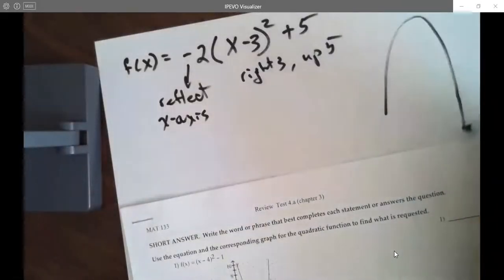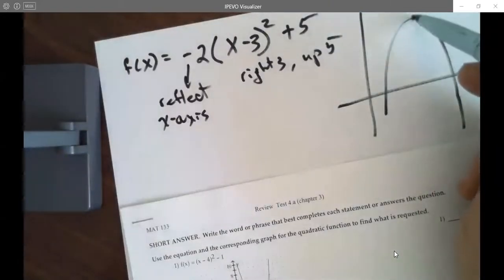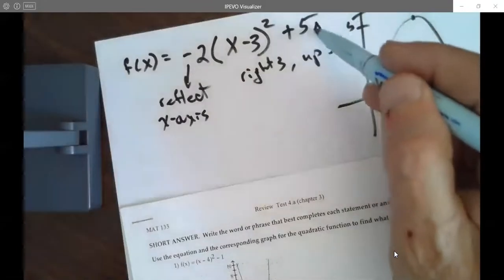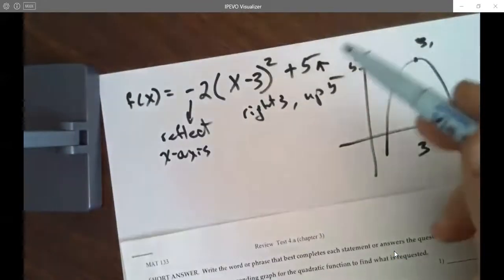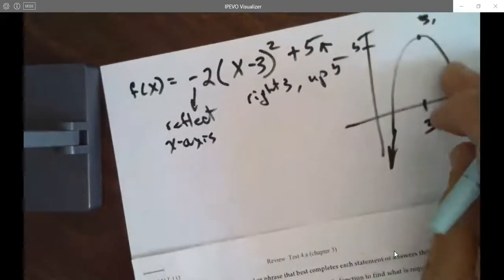So here's our graph. This point is 5, and this is 3. So you look at what makes it move up or down, and this time it's moving downward.